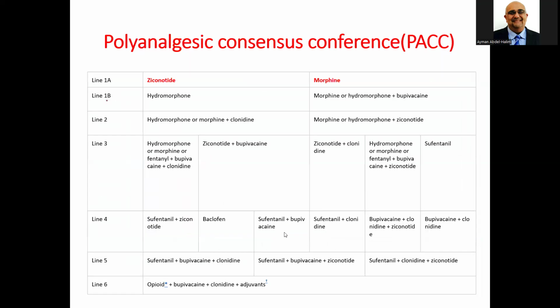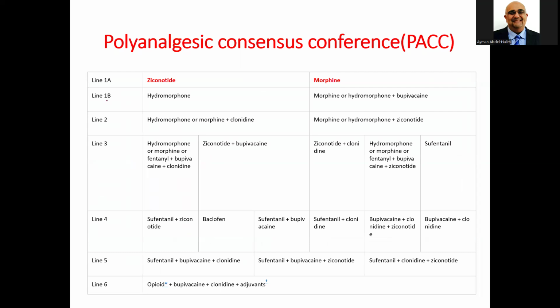Okay, so what medications are we going to use in the pump? I'm going to try to summarize it to you in just a few sentences. There are tons of medications that can be used intrathecally, but the only FDA approved drugs in the pump are three drugs.